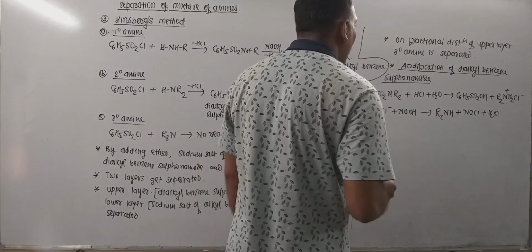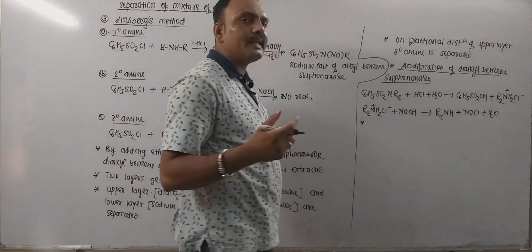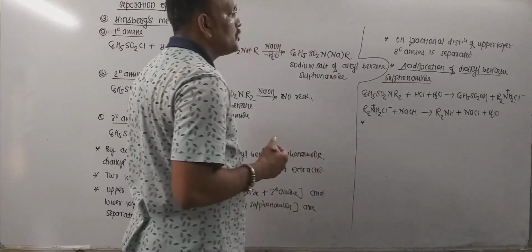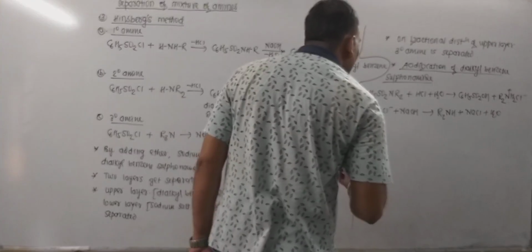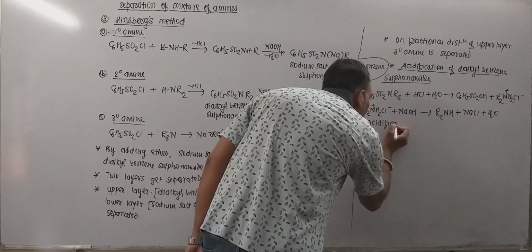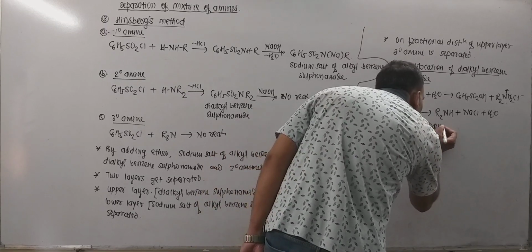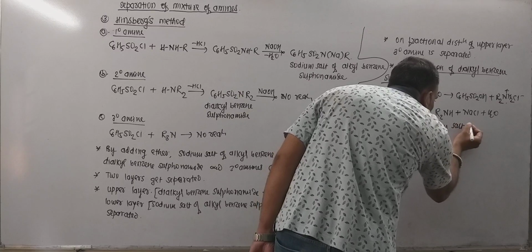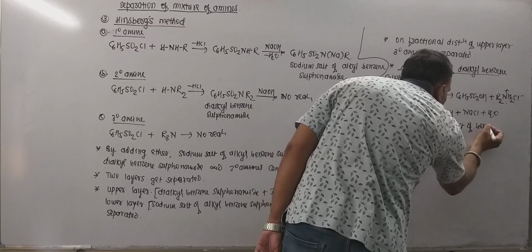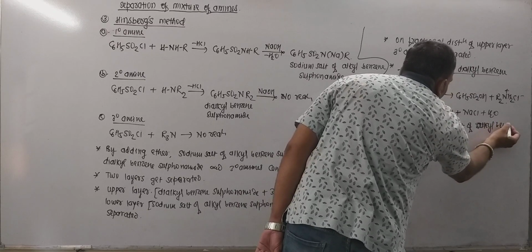Now the turn of the lower layer, that is the sodium salt of alkyl benzene sulfonamide. We need to acidify that also.